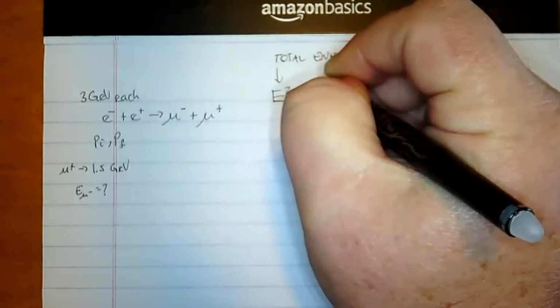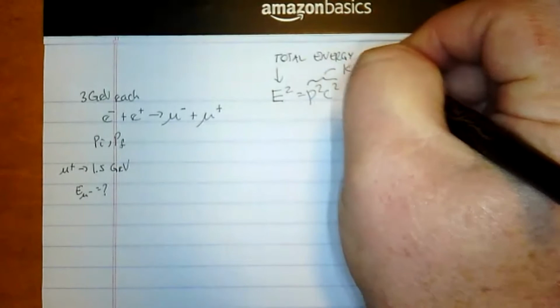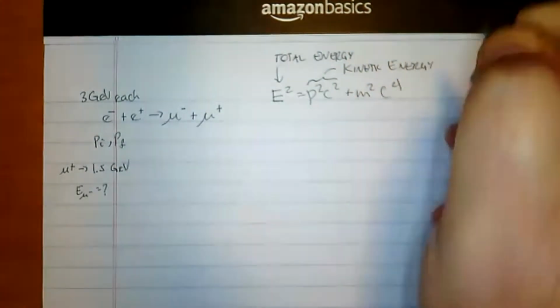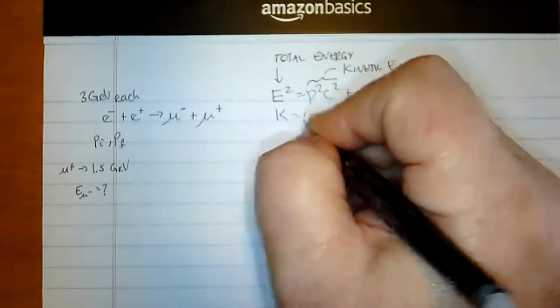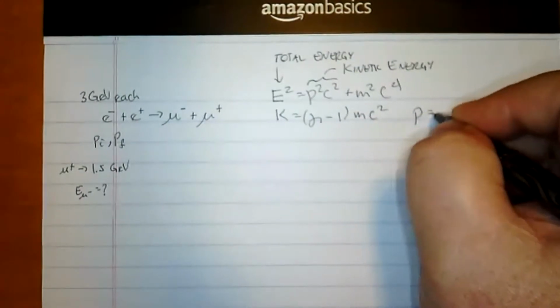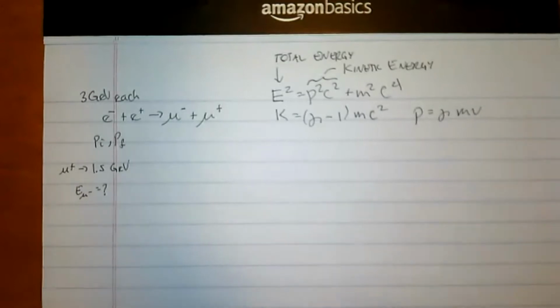And this part right here really is the kinetic energy part. But we also have the formula K is equal to gamma minus 1 MC squared, and P is equal to gamma MV. So those are all things we can make use of.